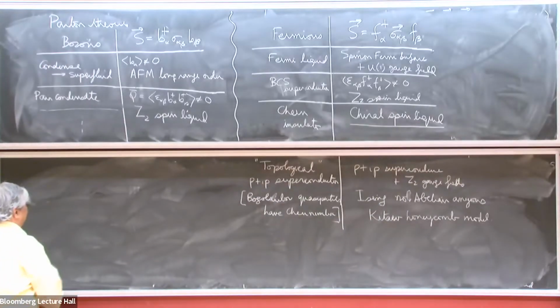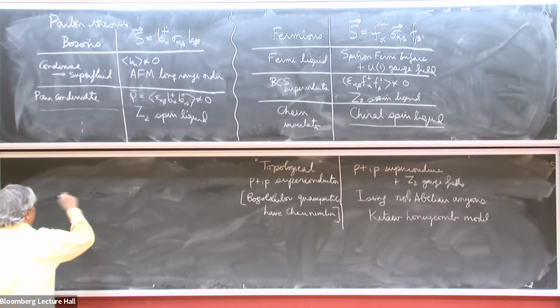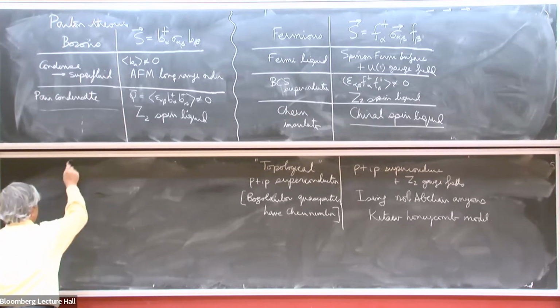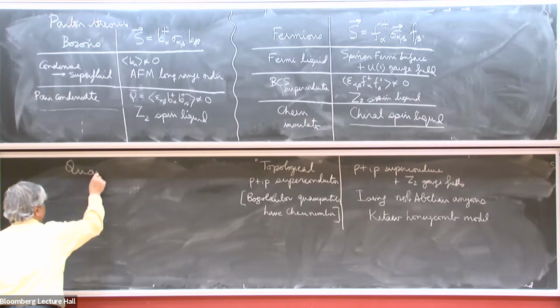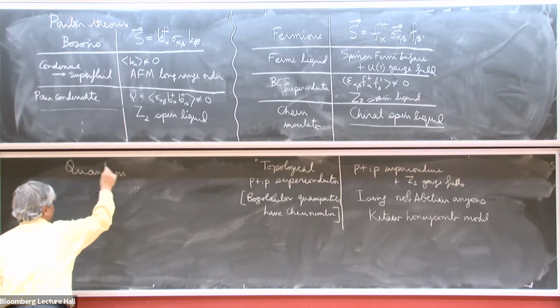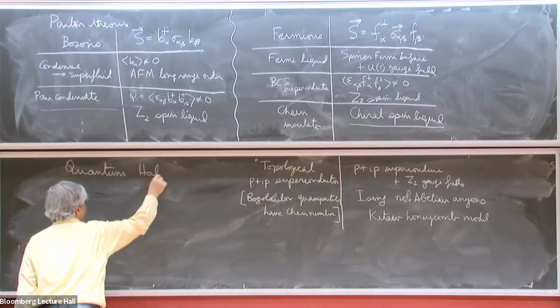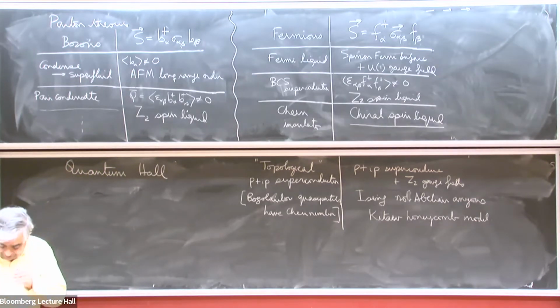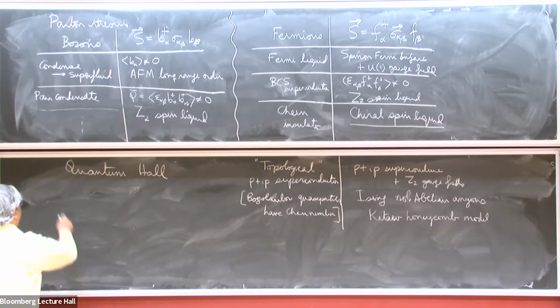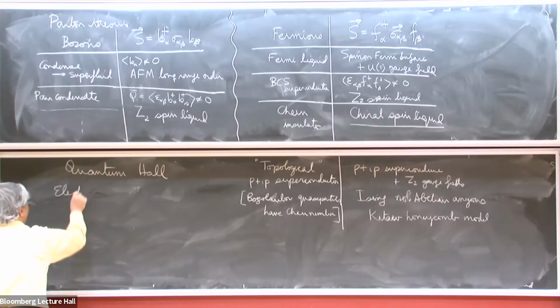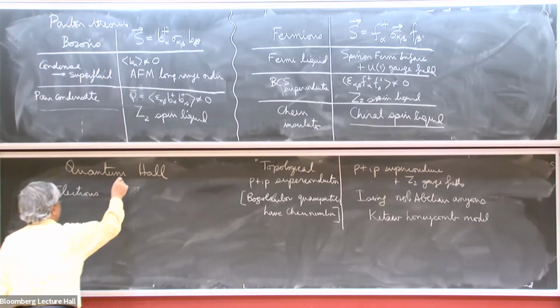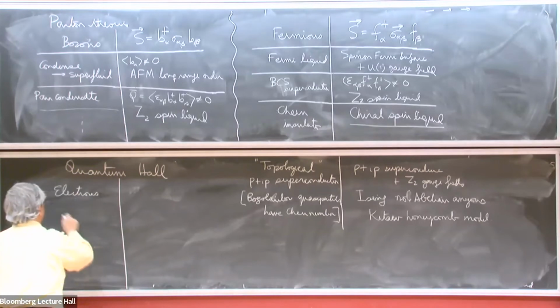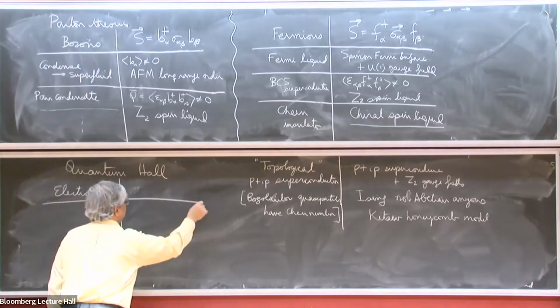Let me also make a table here similarly for the quantum Hall states. Fractional quantum Hall state is another place where interesting things happen. So if I have electrons, and then in the magnetic field, they can do some funny stuff.